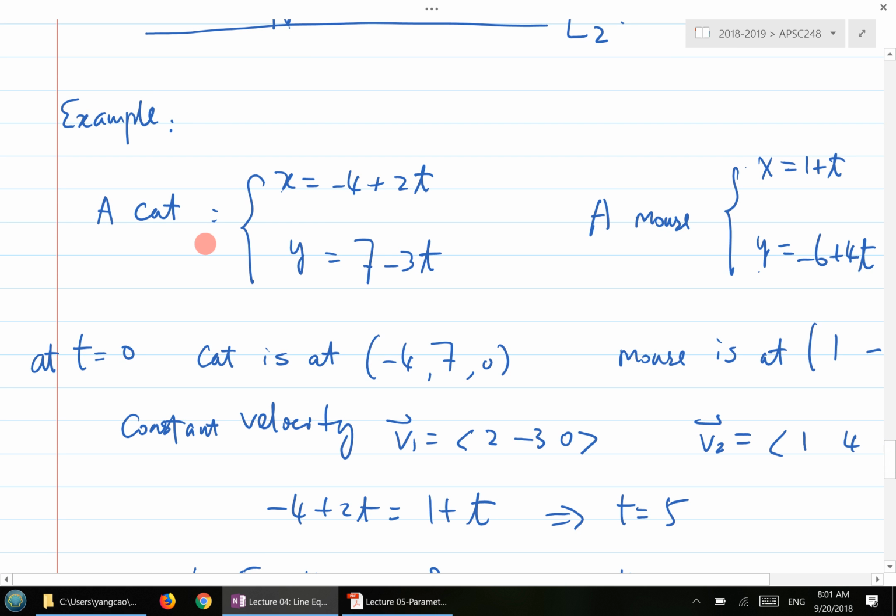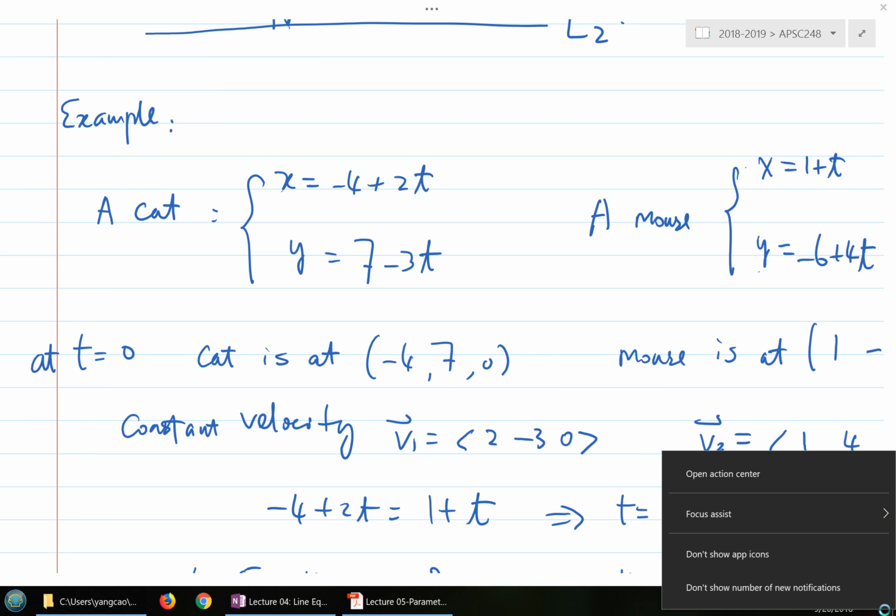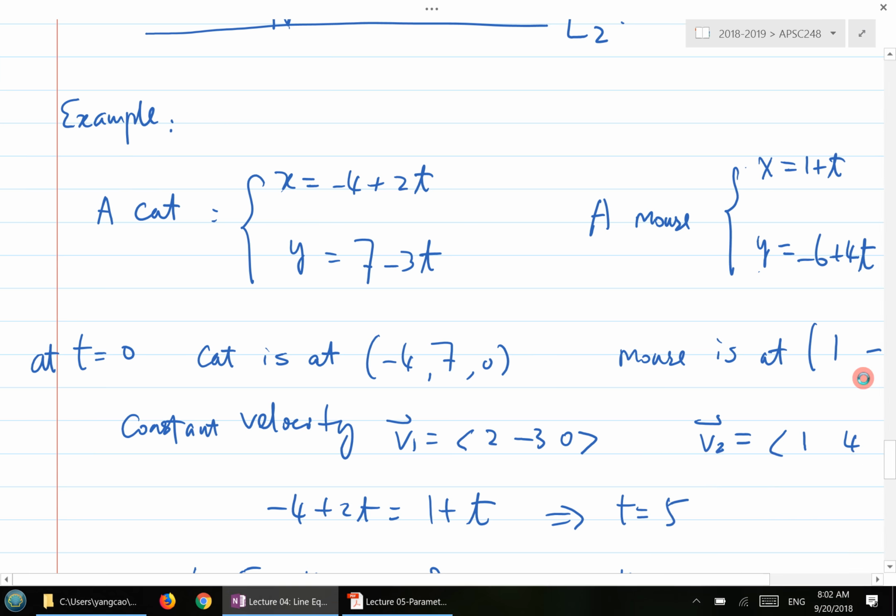Basically, we were given two parametric equations, one for a cat, one for a mouse. The equations written down initially are all in the parameter t, because we're using parametric equations to represent the motion of the cat and the motion of the mouse. So both lines represent a time trajectory.